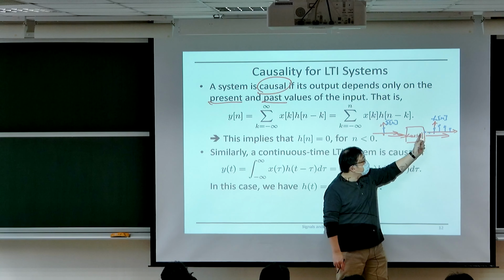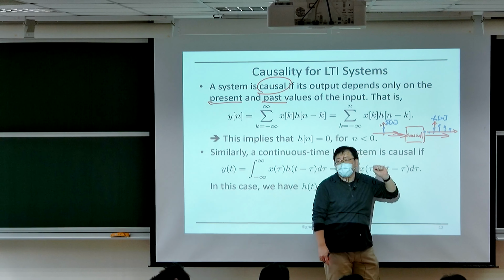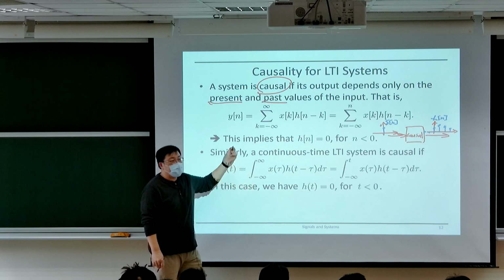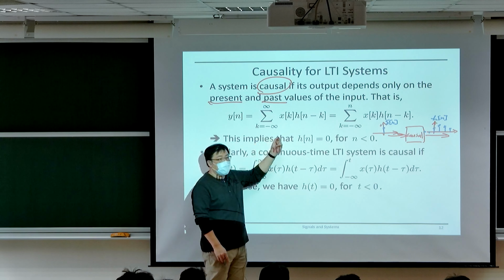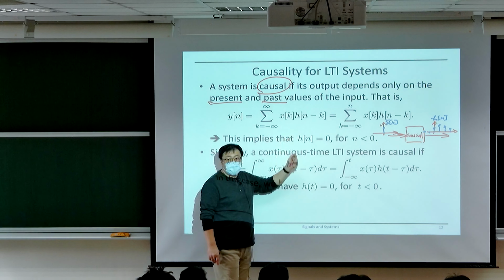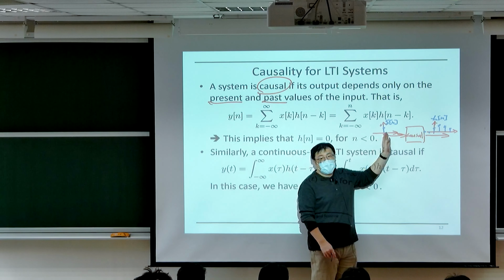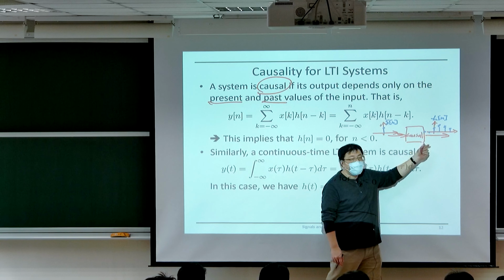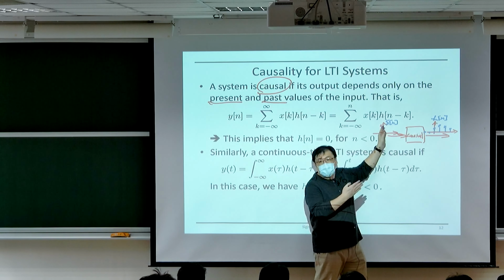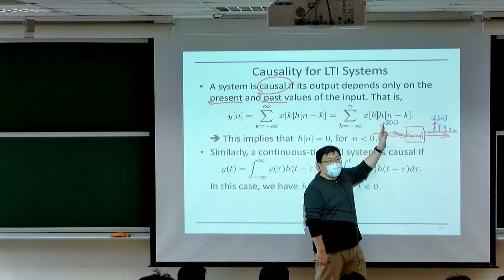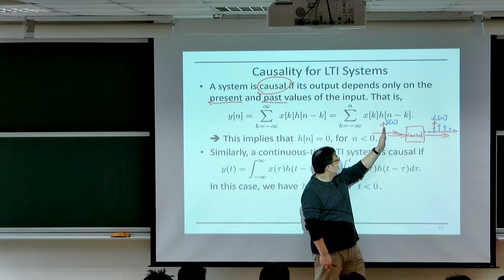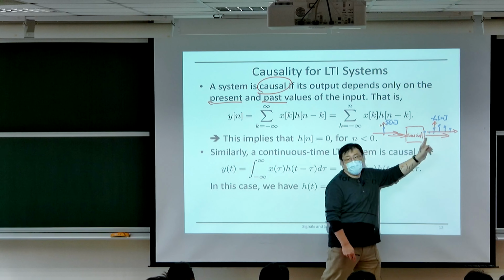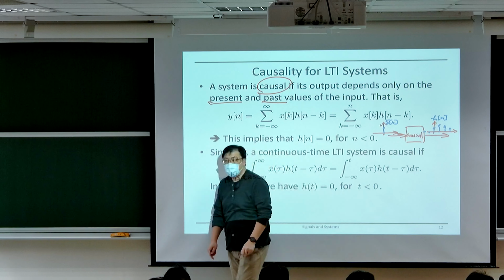For all n less than 0, the response is 0. This is quite intuitive, because for a causal system, you would not expect to get any response before the signal occurs. By the definition of a causal system, the response can occur only after the signal has arrived.